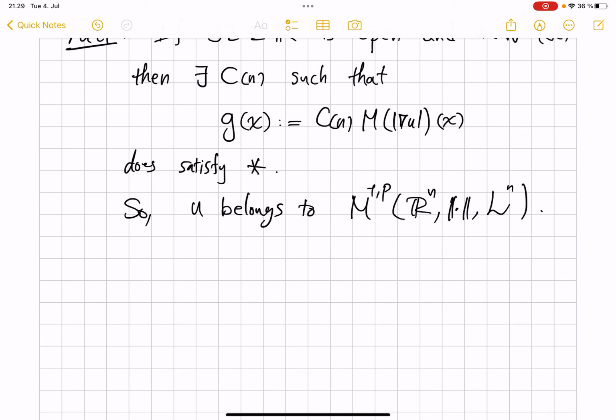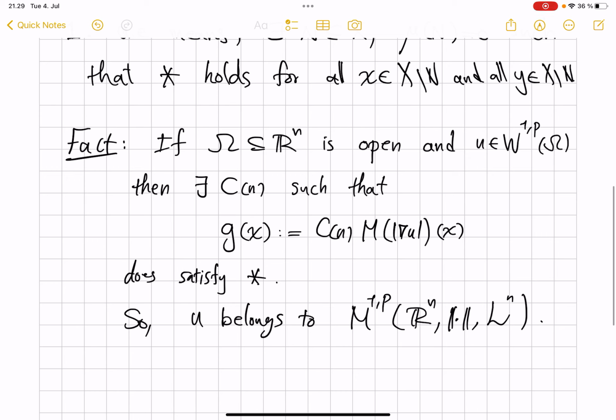The key property we have here is that by choice of u, the gradient of u itself belongs to L^p, and the maximal function of an L^p function is again in L^p, modulo requiring that p is strictly bigger than 1. So p equal to 1 is always a bit tricky when it comes to the Hajlasz class, exactly because the maximal function is bounded only from L^p to L^p if p is strictly bigger than 1.